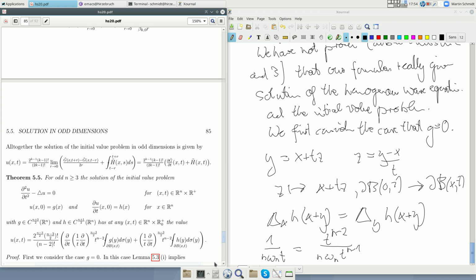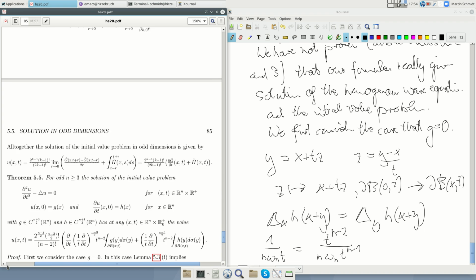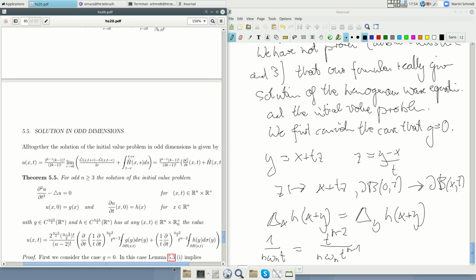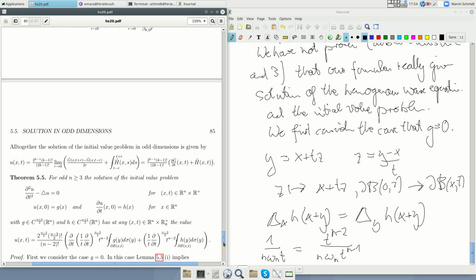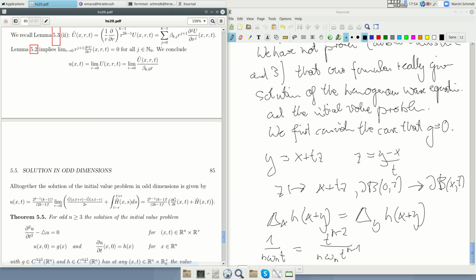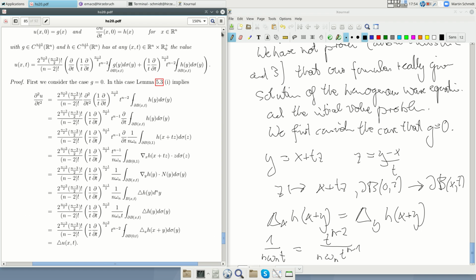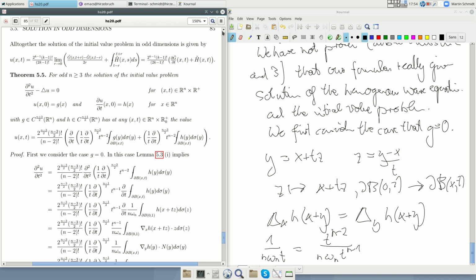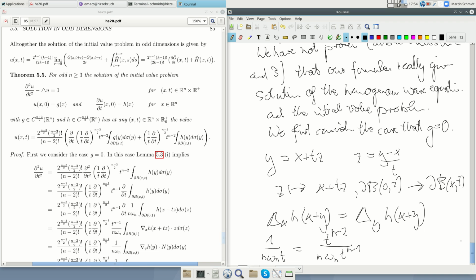If h is 0, what do we have then? Okay, now we consider what is the difference between this term and this term? The only difference is we have an additional t derivative.